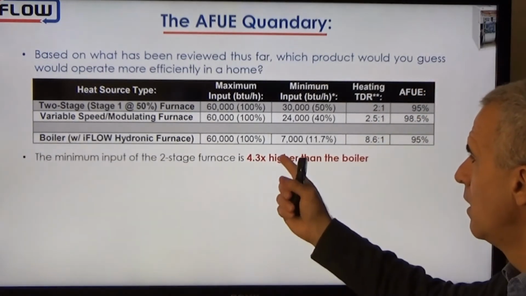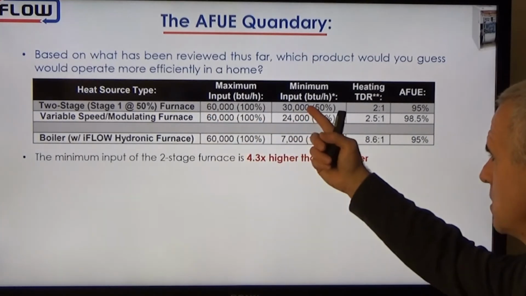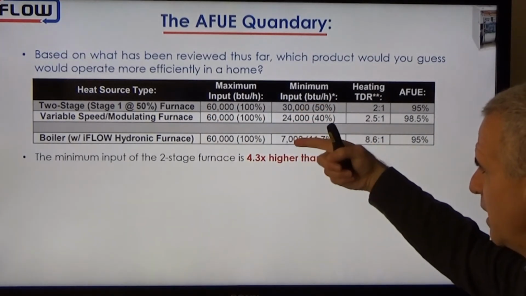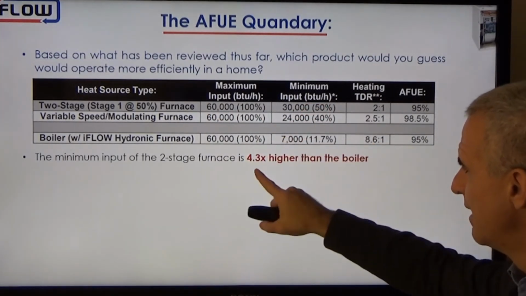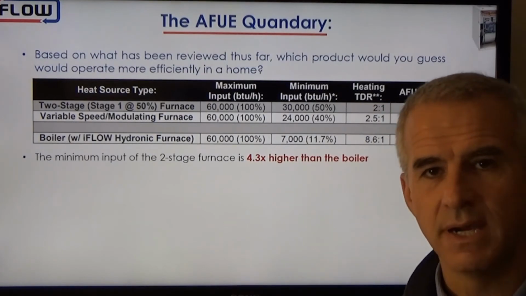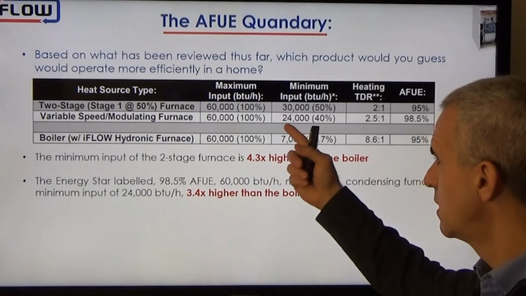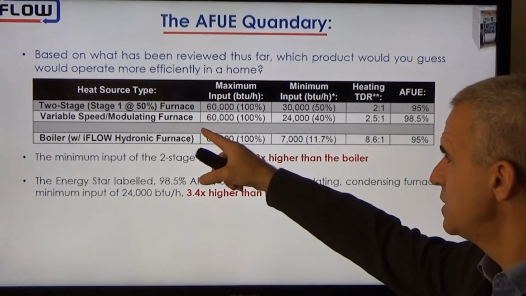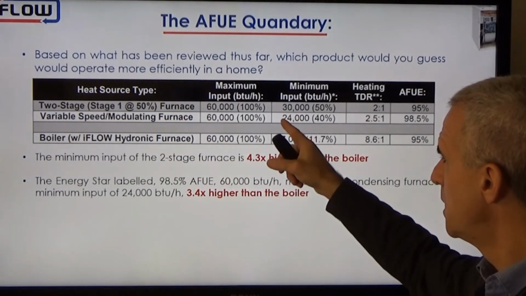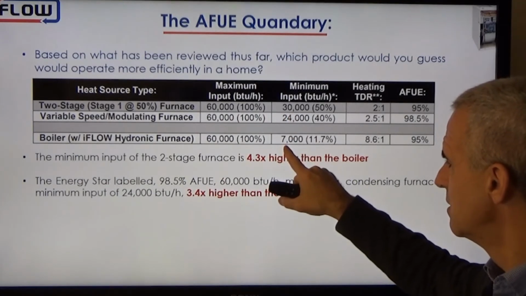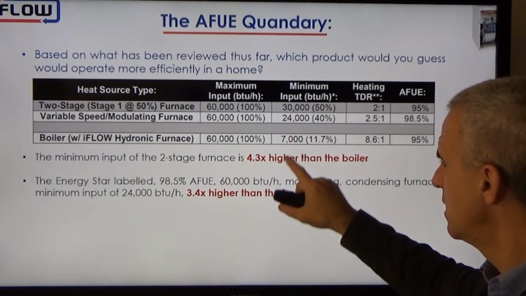Well, if we compare the top furnace, the minimum input is 30,000, compared to the minimum input of the boiler, that's 4.3 times higher. If we compare the Energy Star rated furnace, minimum input is 24,000, that's still 3.4 times higher than that minimum input.